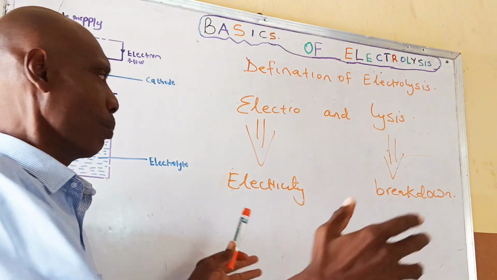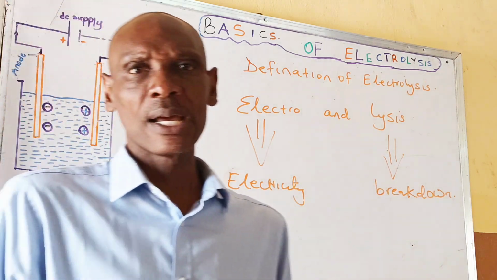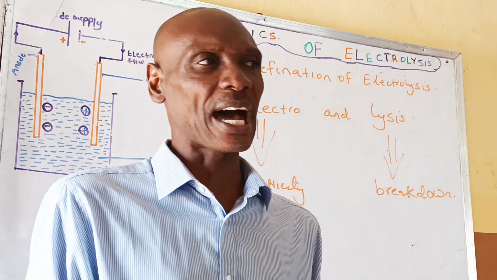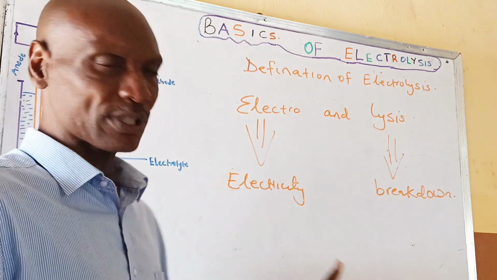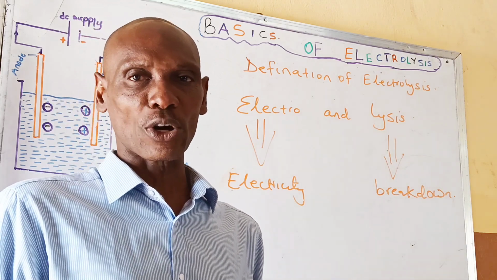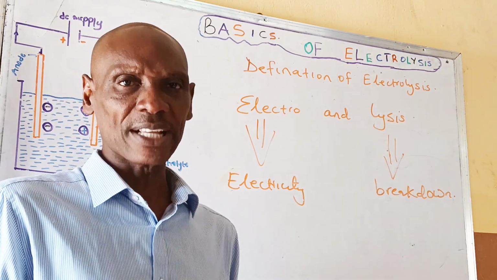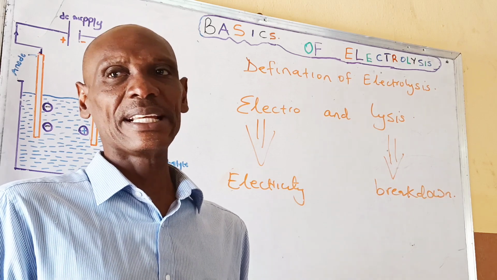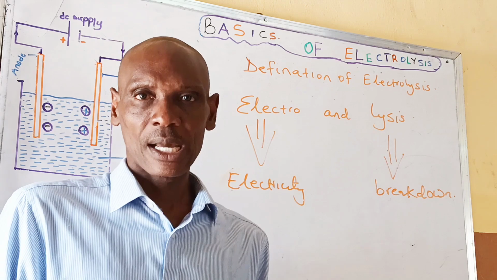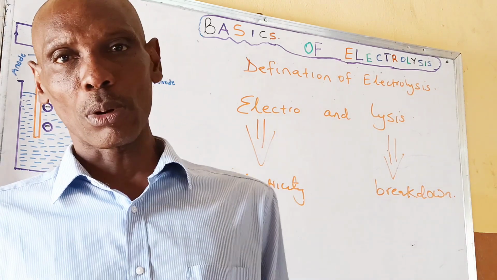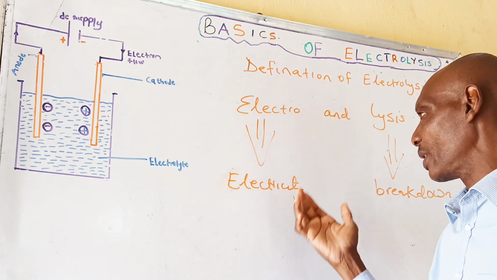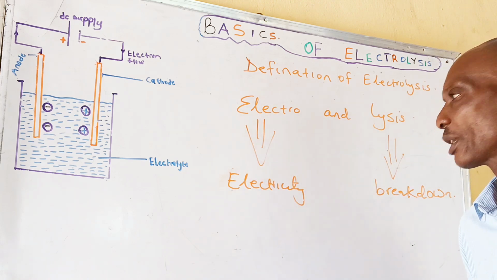So if we put these two words together, we can simply define electrolysis as a process whereby the passage of an electric current or electricity brings about the dissociation of certain substances. We're still going to beef up this definition once we add one or two concepts there.